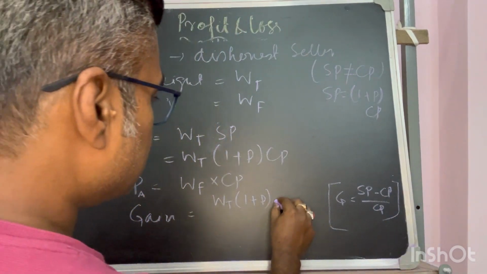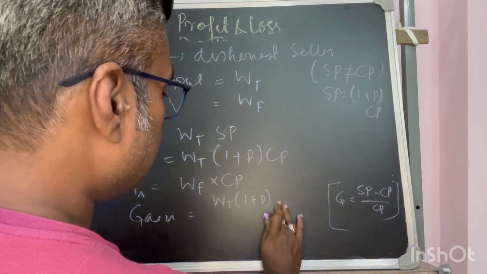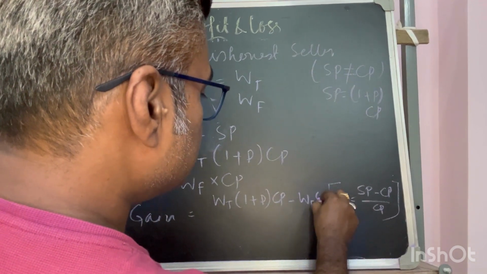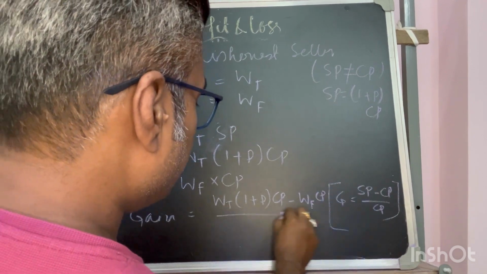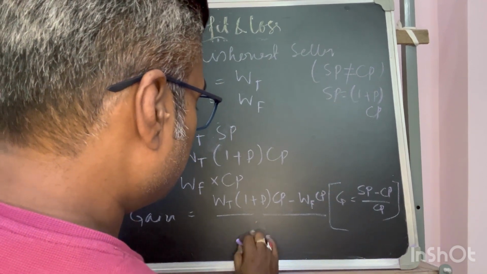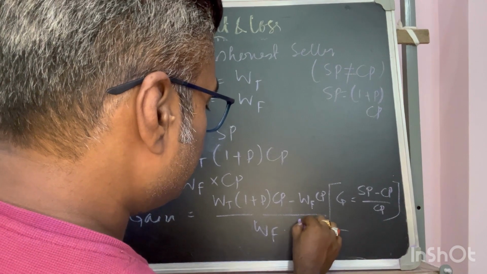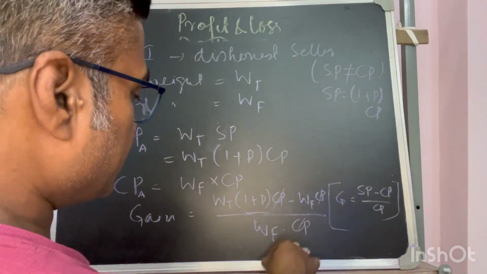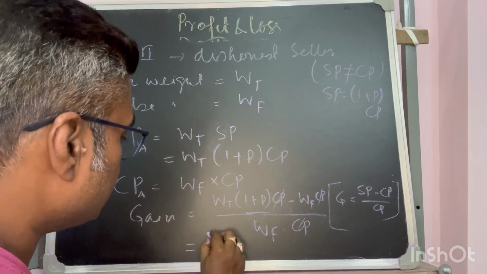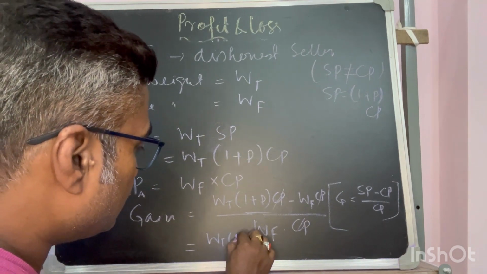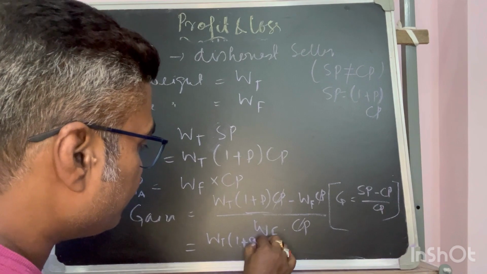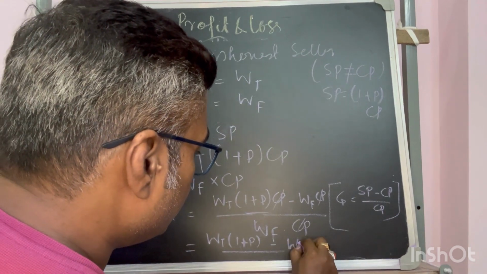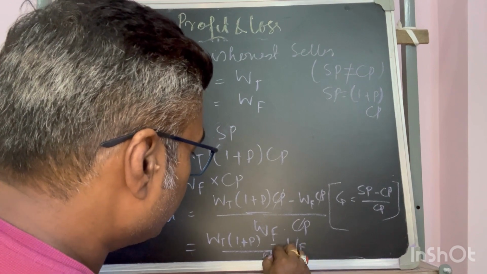So this minus WF into CP divided by WF into CP. Okay, now this CP can be cancelled out. Ultimately the equation will be true weight into 1 plus profit minus WF divided by WF.